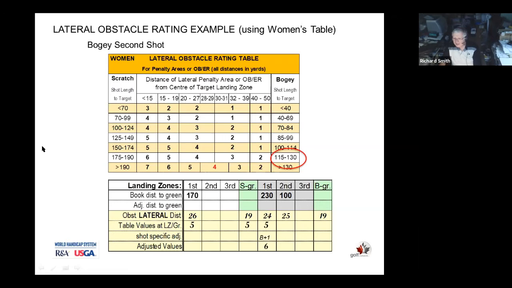Bogey's second shot, 130-yard shot. That's going to get a 4, which goes in here. And for bogey's approach shot to the green, the 100-yard shot, to the 19 measurement at the green, that's going to be a 5, which goes in over here.